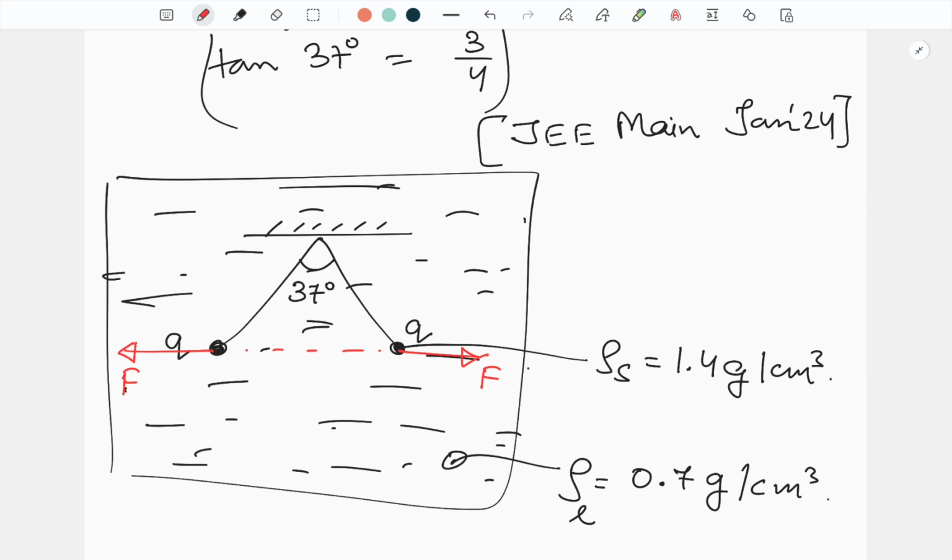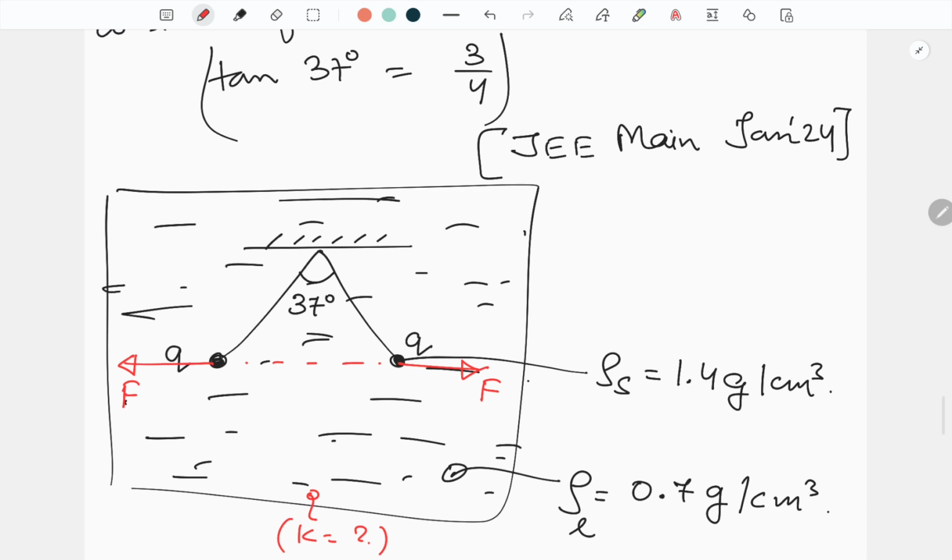Now try to understand how. There must be a dielectric constant of this liquid also, and we are asked to find that dielectric constant. Now, when you are putting this system in a liquid, some different things are happening here. One thing you have to notice: the string is there, so if forces are acting and this angle remains the same, that means there must be the same tension T which was developed earlier.